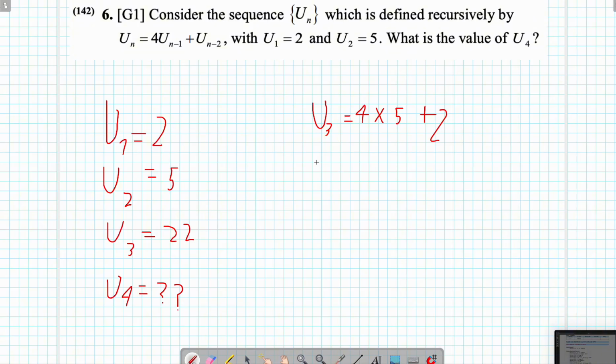Then you do the same thing for u4, so u4 is equal to 4 times 22 plus 5, which is equal to 93.